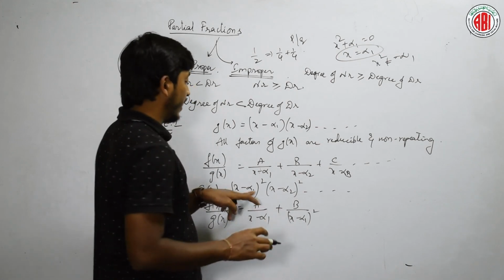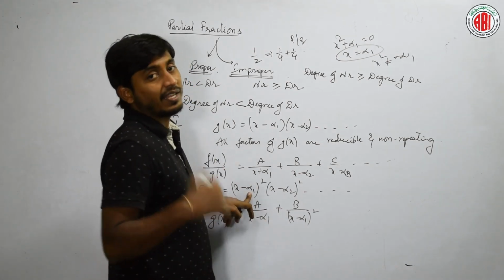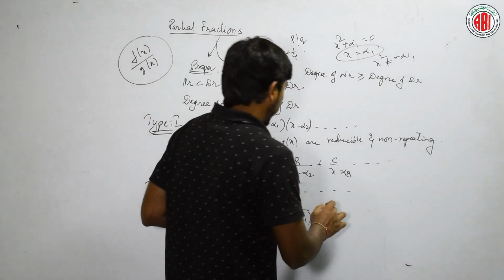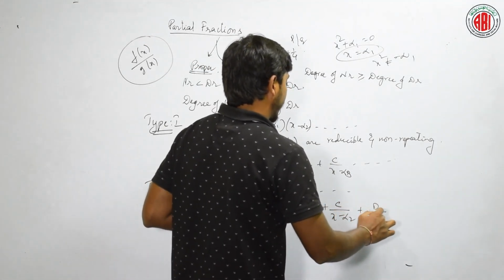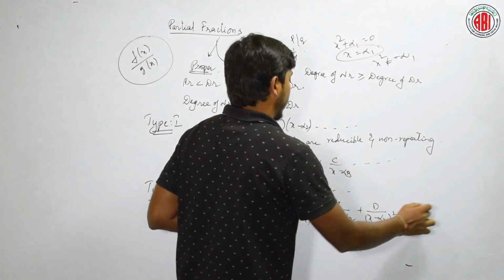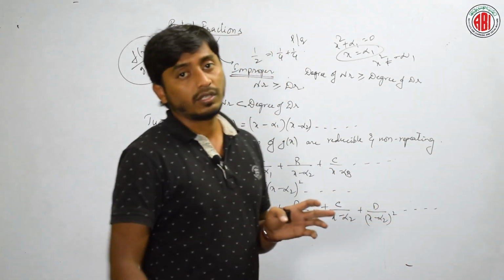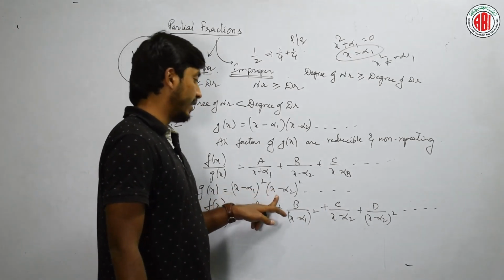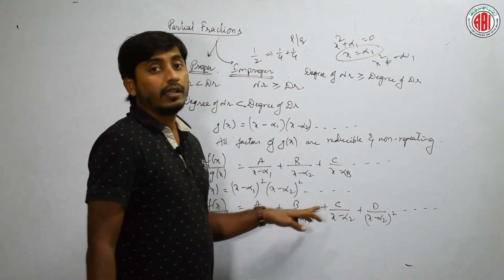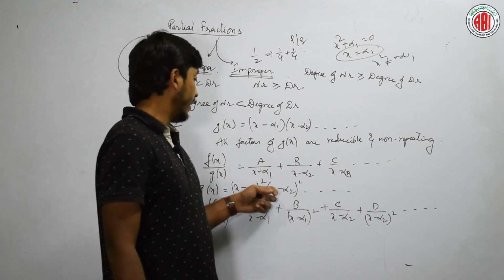If it is repeating 3 times, we will write c by that term, plus again, separately, d by (x minus alpha 2) whole square, and so on, whatever they are. What are these? The denominator factors are reducible but repeating.